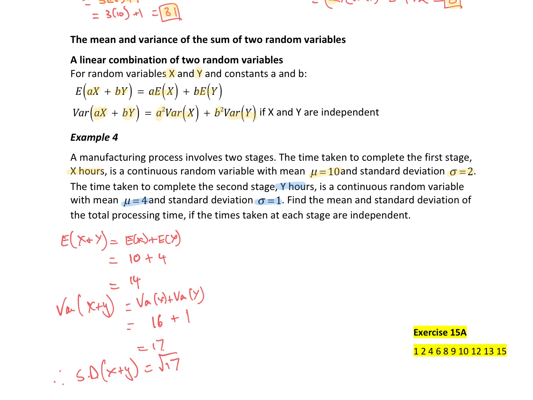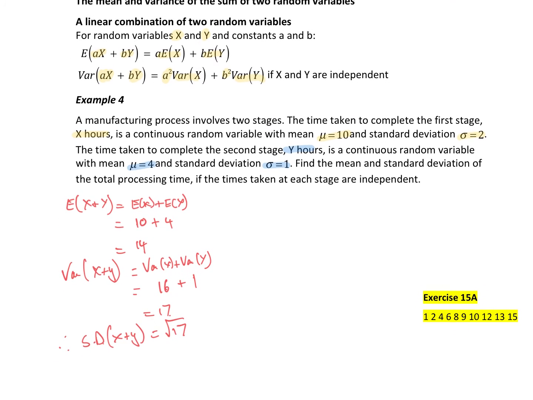If I want to complete both of those processes, what is the expected time it takes to complete, and what is the standard deviation? The expected value of x plus y is just the individual expected values, 10 plus 4, which is 14 hours. The variance of x plus y is the variance of x plus the variance of y, which is 4 plus 1, which is 5. So the standard deviation of processes x plus y is the square root of 5 hours.